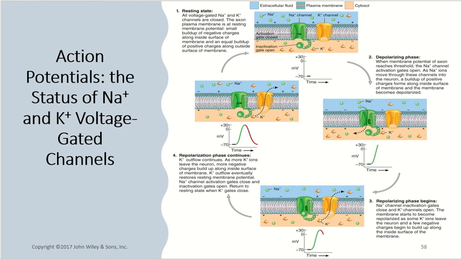This is going to cause the return to a resting state when the potassium gates close. Right. So you can see here we've got our outflow of potassium ions, which is bringing us back down to our repolarized minus 70 millivolts. And then the whole cycle can start again.